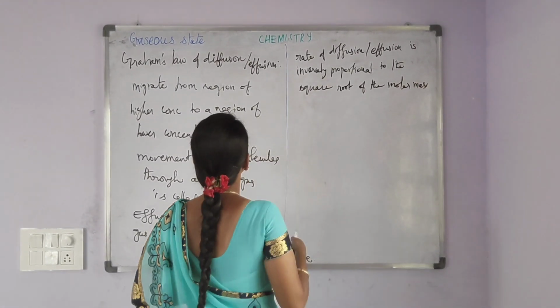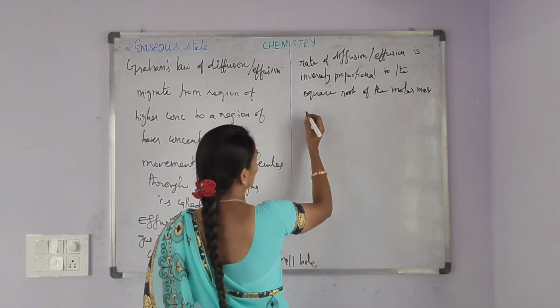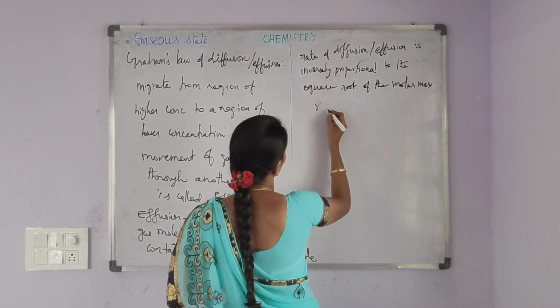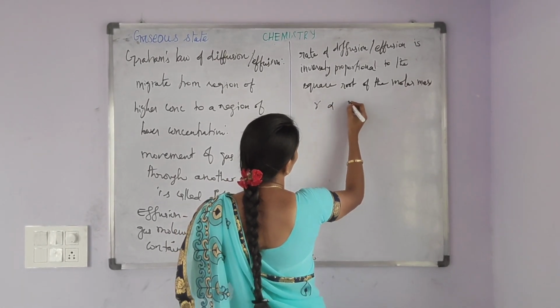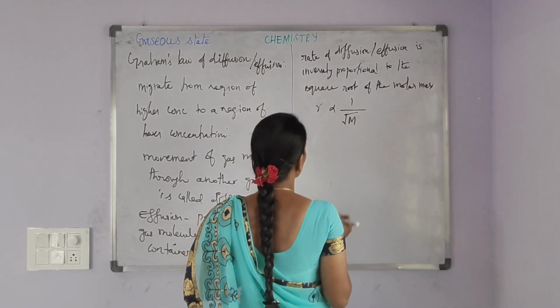This is called Graham's law of diffusion or effusion. The mathematical expression for Graham's law is: R is inversely proportional to the square root of the molar mass.